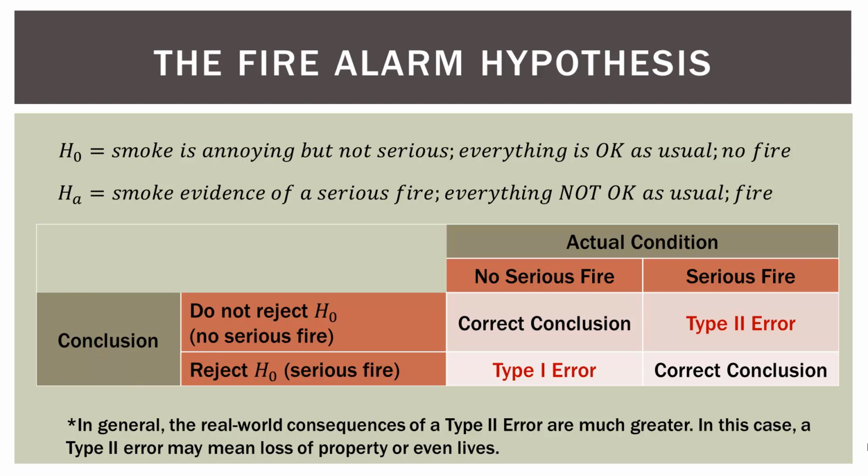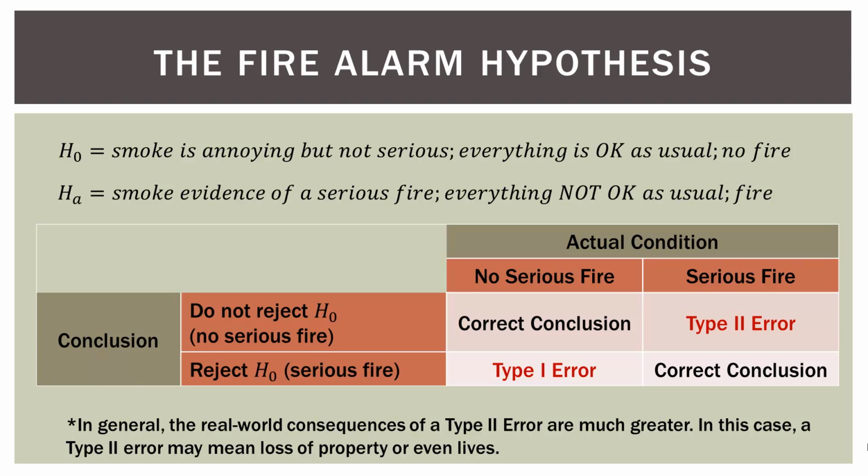Now in general, the real-world consequences of a type 2 error are much greater. In this case, a type 2 error may mean the loss of property or even lives. So think about this. What happens if we commit a type 1 error in this case? Well, we think there's a really serious fire, so we pull the fire alarm. That gets everyone out of the building and it brings the fire department to the location.